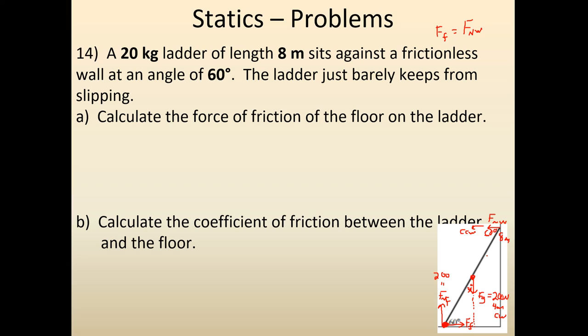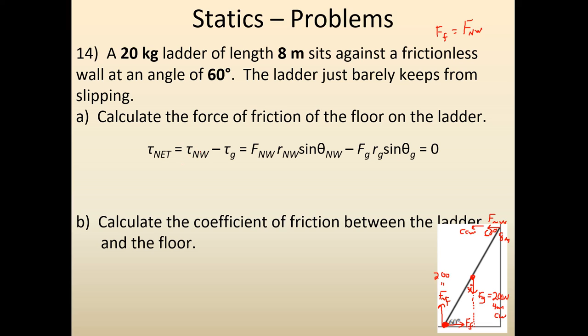So let's do my sum of the torques. This is my pivot. Starting at the other end of the beam, I have the torque coming from this normal force. Then this torque coming from gravity, which is going in the opposite direction, so I'm going to make that negative. Then I have these forces which produce no torque, so I'm not going to put them in here.